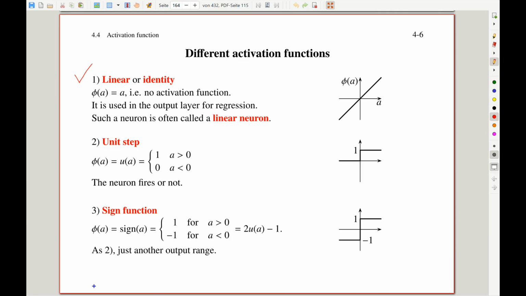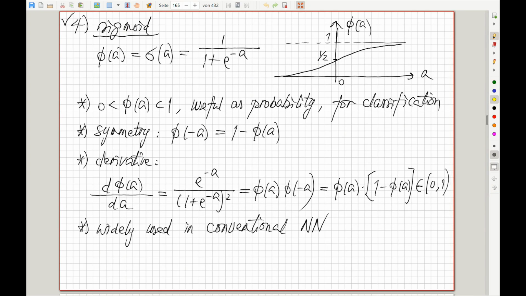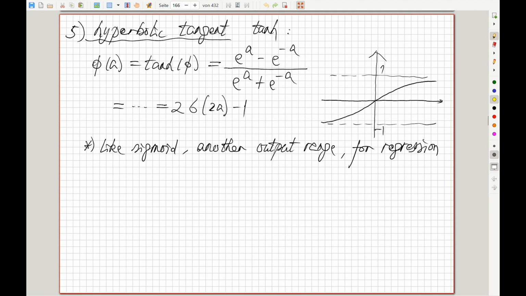A linear neuron actually means there is no activation function. Then there are the unit step, the sign function, and the most important one for the traditional shallow neural network, the sigmoid activation function, how to do the calculation, how to compute the derivative, and finally the hyperbolic tangent function.